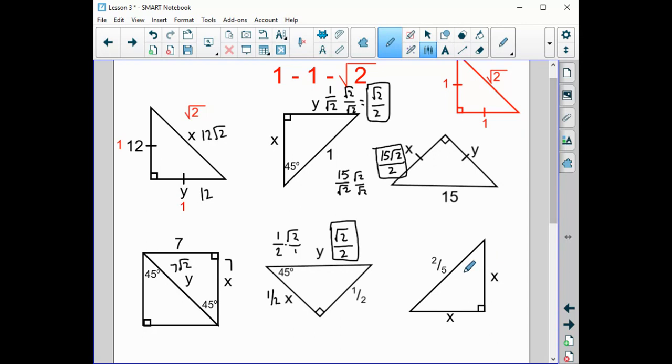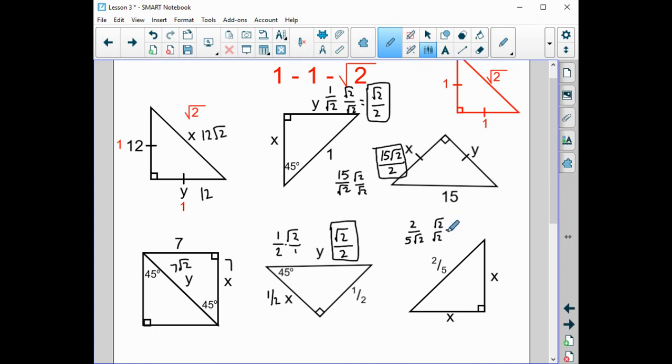So let's take a look at the next one here. I'm going from the hypotenuse, I'm moving to the leg. So I'm dividing. As I divide, remember we just said that we would divide by radical 2. And when you divide a fraction by some number, that number goes in your denominator. So I put the 2 down on the bottom. And then you'd multiply top and bottom times radical 2 to rationalize this.